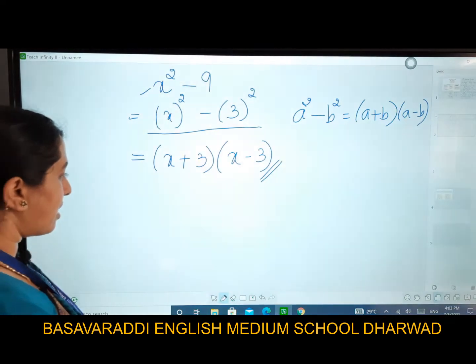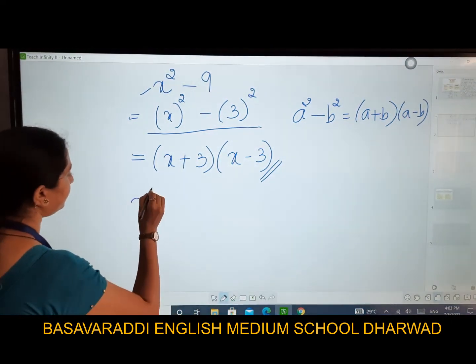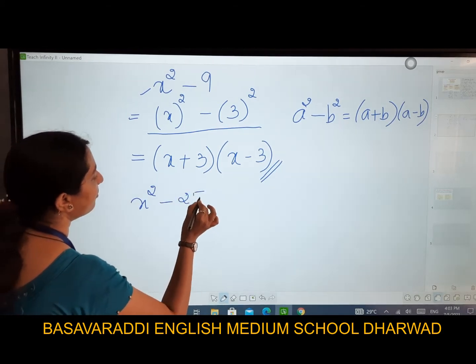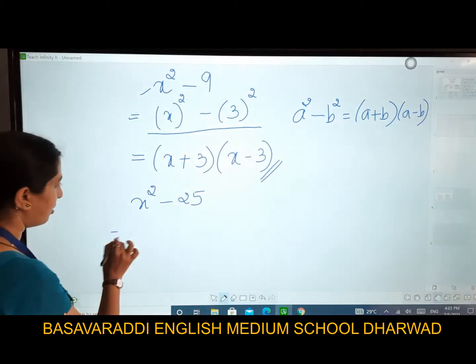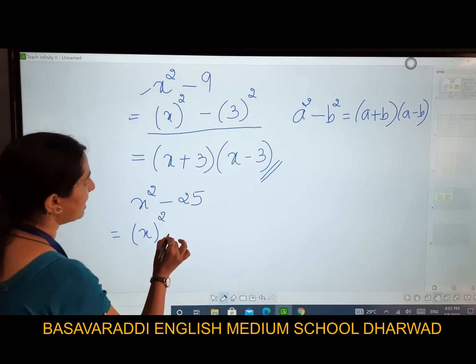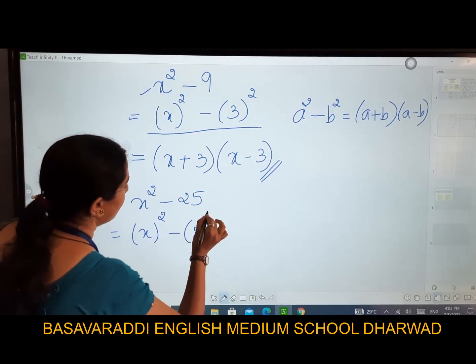So let us take one more example here. If I take x square minus 25, again you can write it as x whole square minus 5 square, as 5 square is 25.